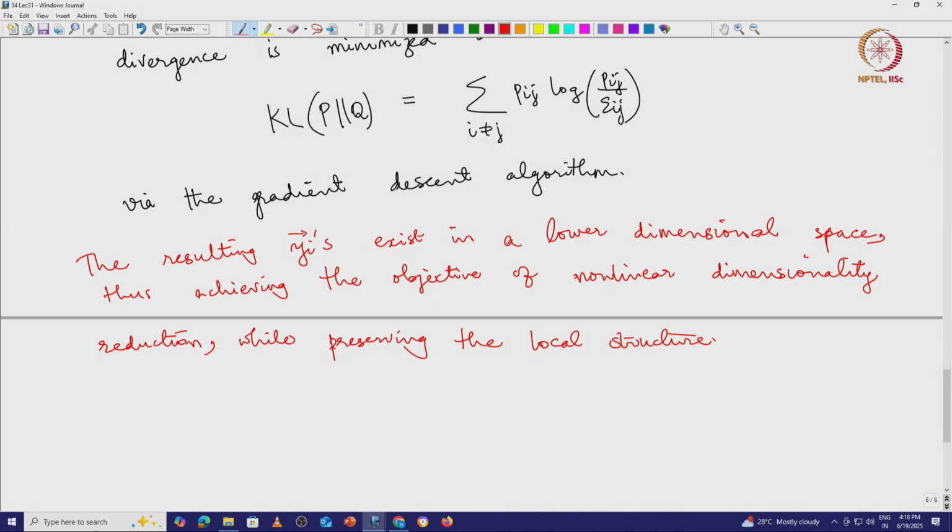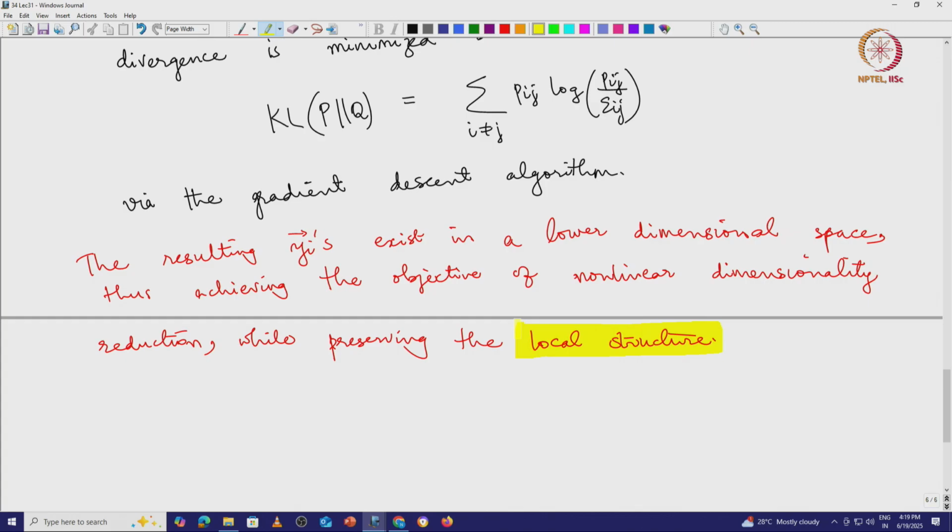So what does this mean by preserving the local structure? If you remember, we had defined the conditional probability of a second point being close to a first point, locally, and that is basically local structure. You find out what is the chance of another point lying nearby, and then you try to keep the same chance in the lower dimensional space, and that is how you preserve structure.